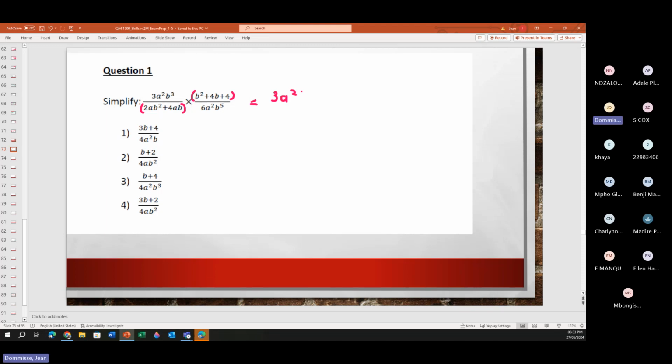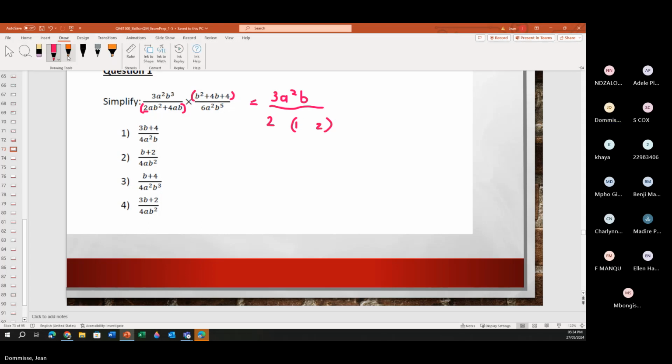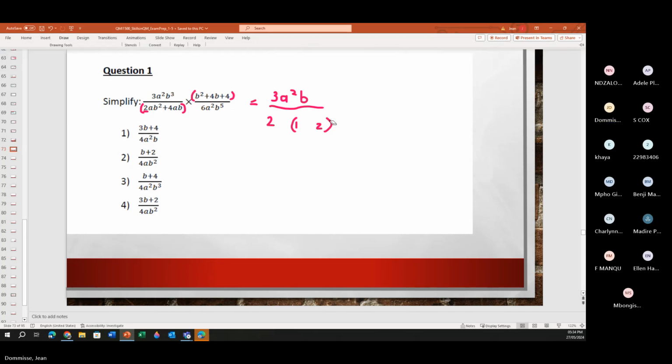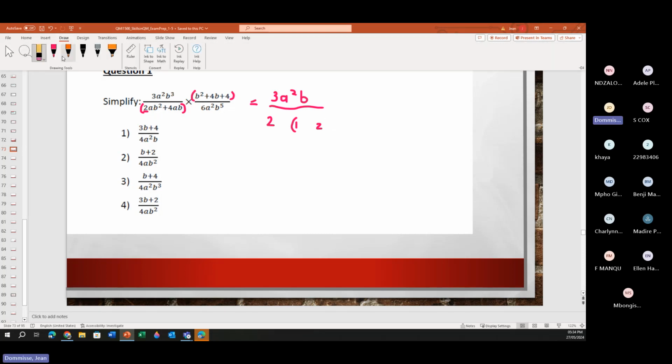There's nothing with 3a to the power of 2b that we can simplify, but here we can simplify, and there's a 2 that we can take out of both. We will be left with 1 and 2. Let's make that bracket and check how it will pan out.